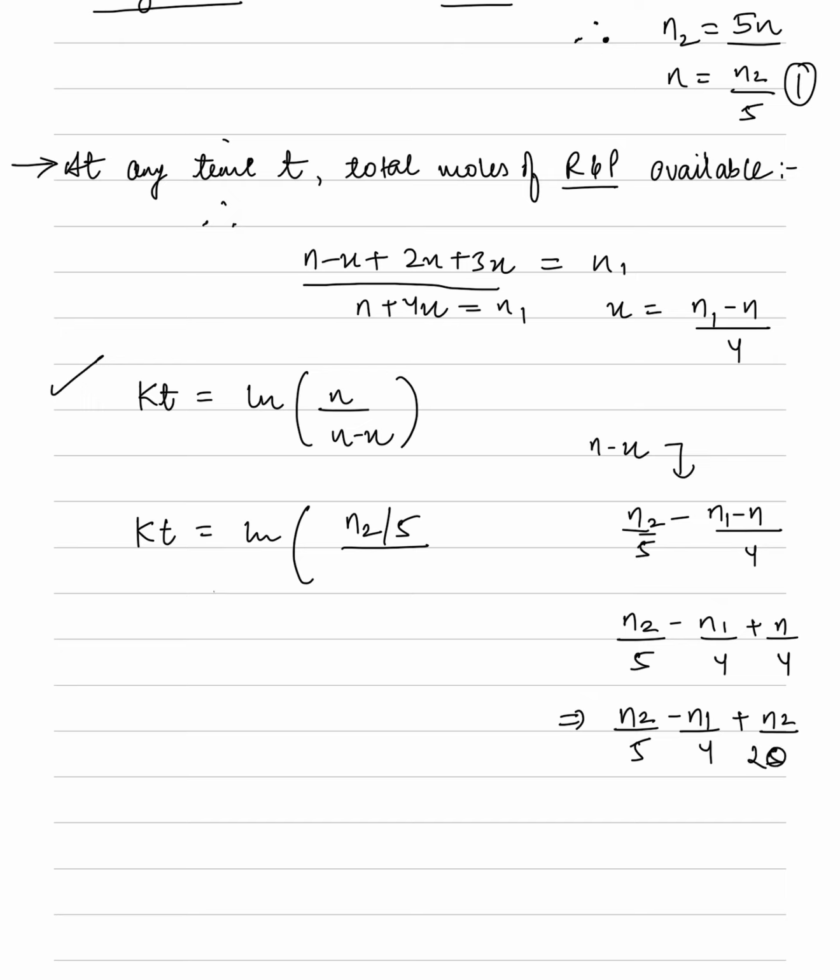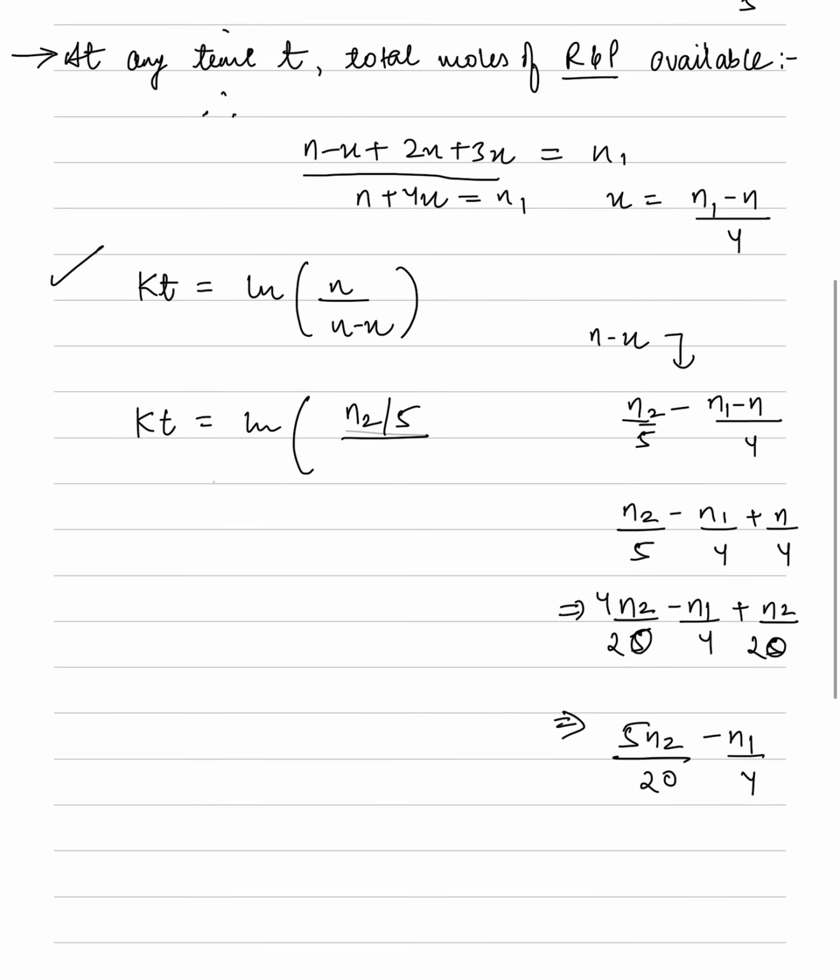Now simply solving it, let's say I multiply up and below by 4. 4 is multiplied here, so it will be 20. So it will be 5 N2 by 20 minus N1 by 4, right? Now simply solving it further, it will be equal to N2 by 4 minus N1 by 4.